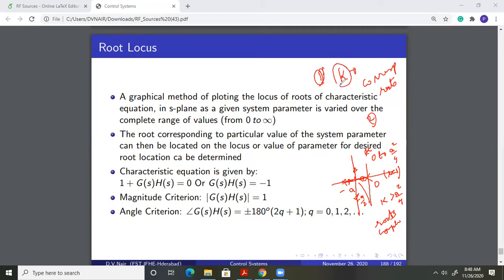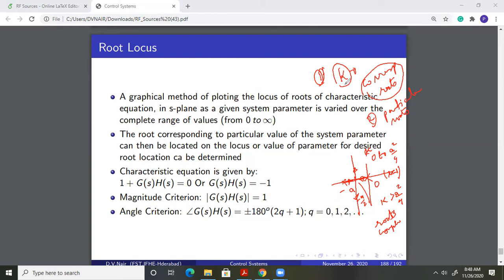So for a particular value of k, the corresponding roots of the characteristic equation could be obtained. And second, we can go vice versa. For particular roots, we can know what will be the gain k. So this also we can find out.